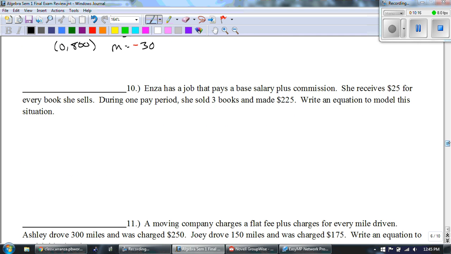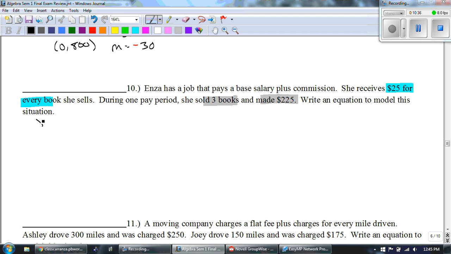All right, number 10. Enza has a job that pays base salary plus commission. She receives $25 for every book she sells. During one period, she sold 3 books and made $225. Write an equation to model this situation.